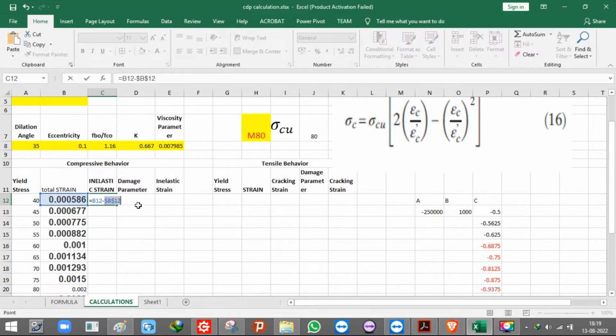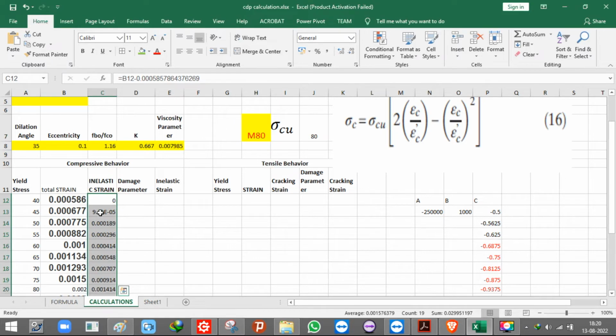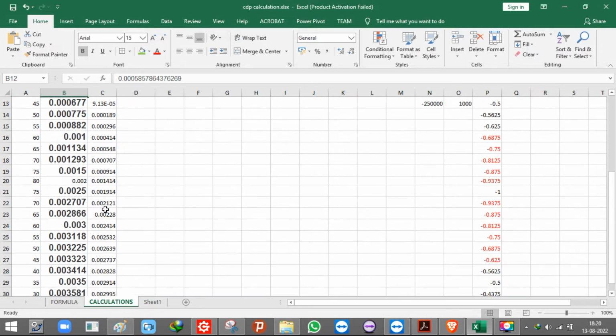So if I copy this data, B12 means this one minus the same data, and if you do it like this, this one minus this one, this minus this, likewise we will get the strain.